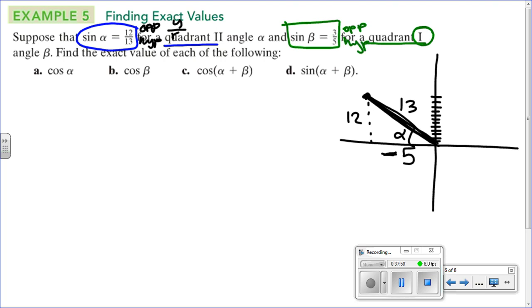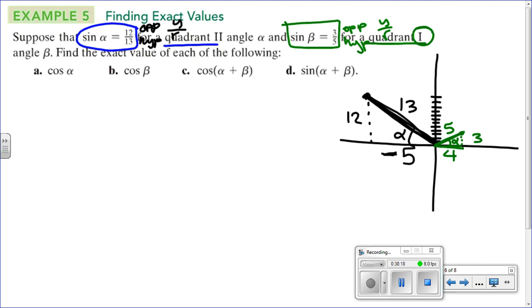So the opposite is like the y over r. The hypotenuse will use r. So 3, and I'm going to say it's a point right here. So this is 3. This is 5, the hypotenuse. And what will be the adjacent side? One of those famous triples. 3, 4. Very good, Jeremy. So that is angle beta.